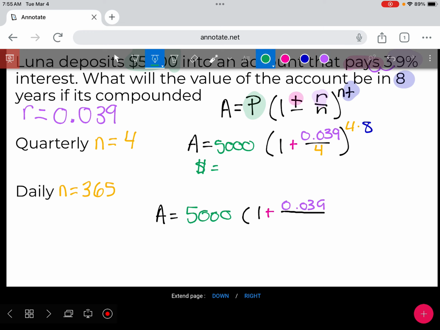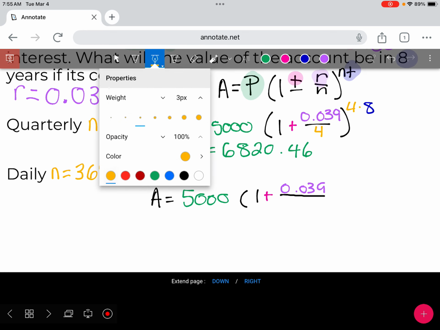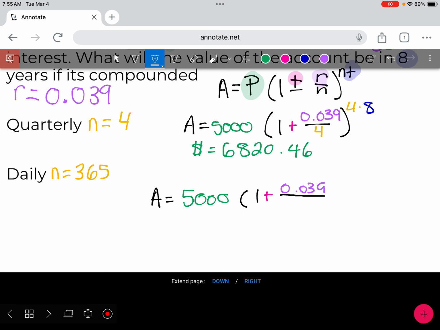She will have $6,820.46. What about if instead of compounding quarterly, her bank decides to compound her interest daily?